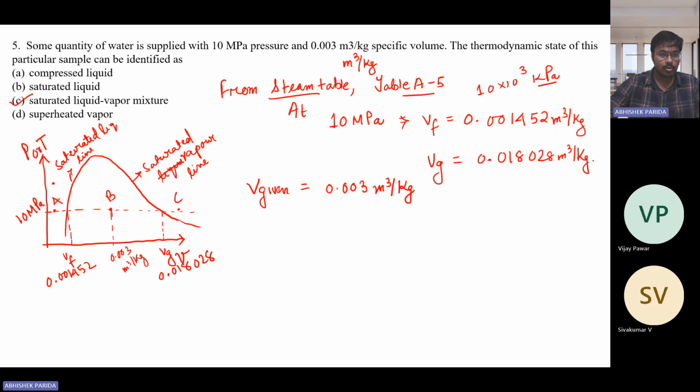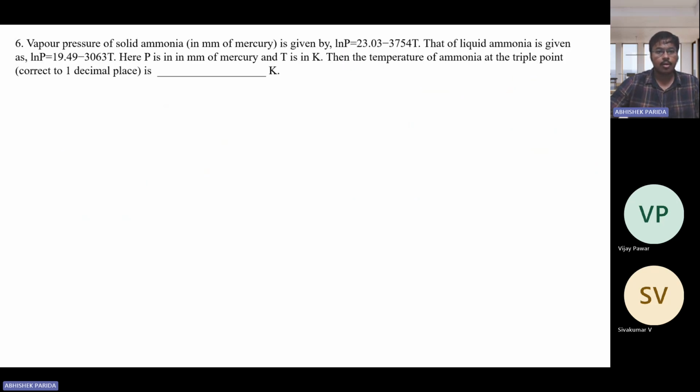Now we'll go into some numericals. Try to solve this question. Vapor pressure of solid ammonia in mm of mercury is given by ln P equals 23.03 minus 3754 over T. That of liquid ammonia is given by ln P equals 19.49 minus 3063 over T. Here P is in mm of mercury and T is in Kelvin.